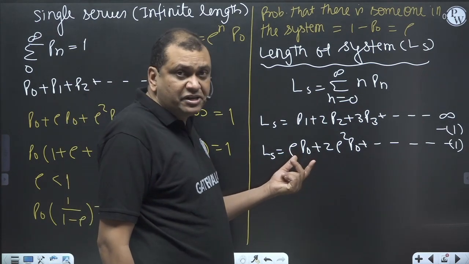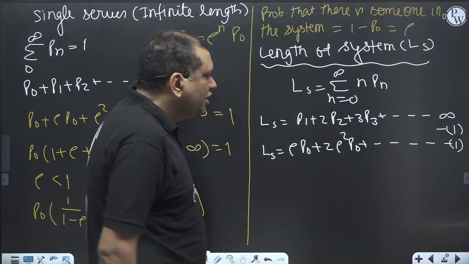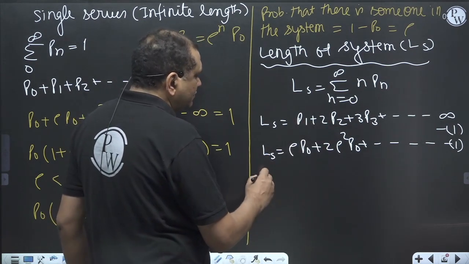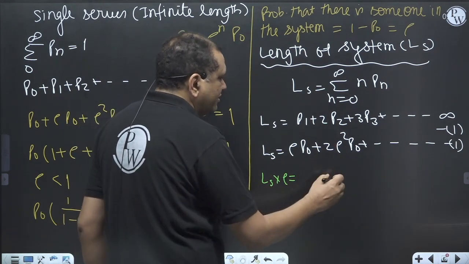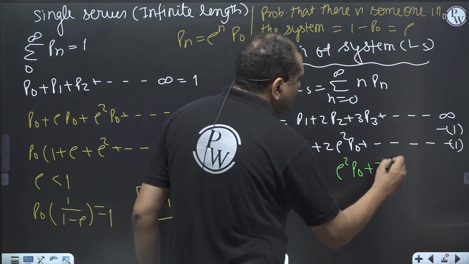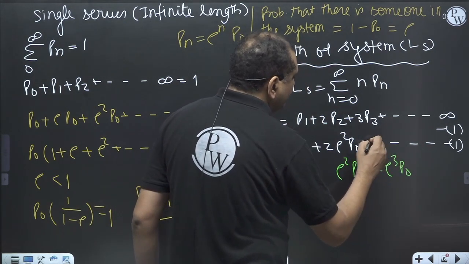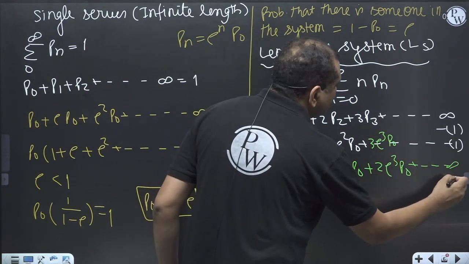This type of geometric series we have done in 12th class. Equation 1 multiplied by rho, and start writing from here: rho square P naught plus 2 rho cube P naught, and it goes to infinity. Let us say equation number 2.